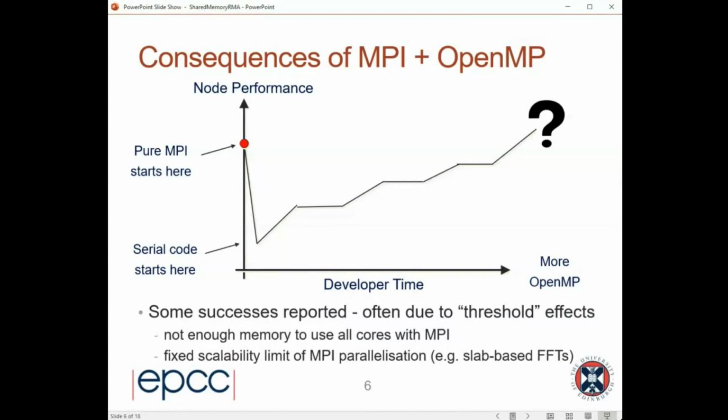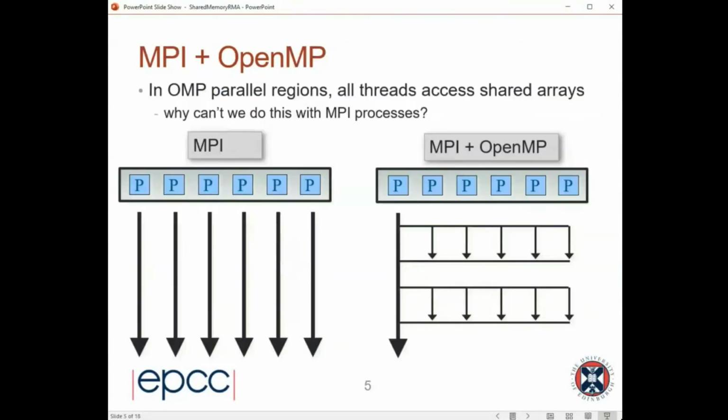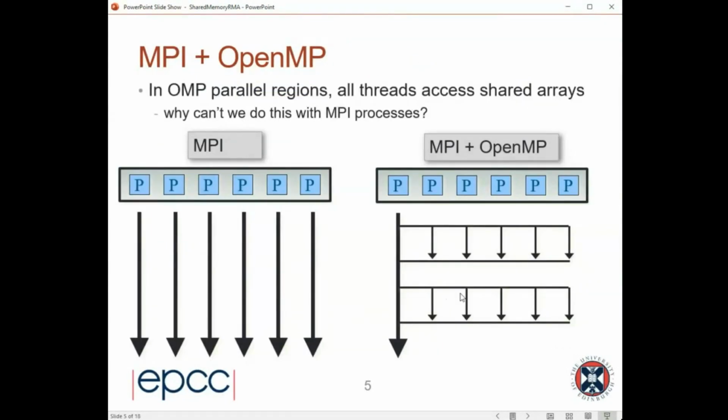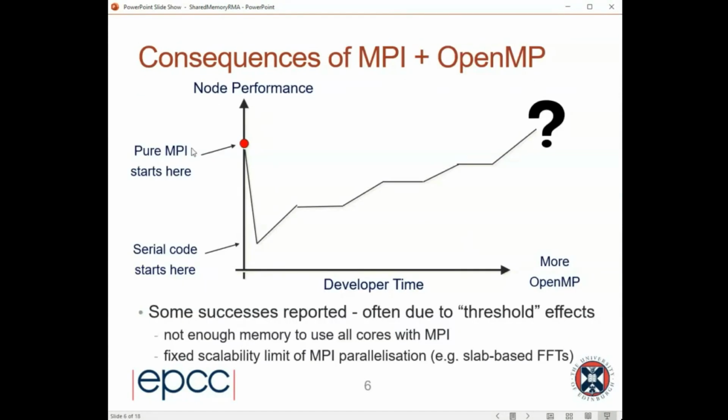And okay, this is my concept of MPI plus OpenMP. When you do MPI plus OpenMP, you have a pure MPI code. Then you underpopulate the node, so you're running on only one process per node or fewer processes than CPU cores. So you take a performance hit, and then as you go through developer time, you add more OpenMP, you parallelize more and more loops, and do you ever get back up to where you started?